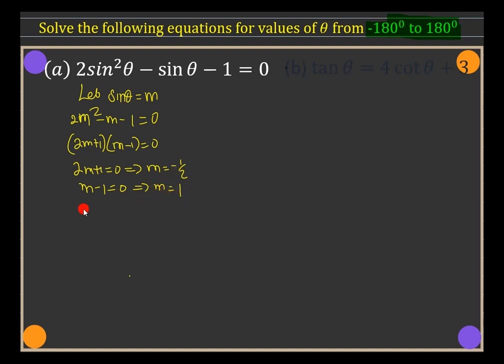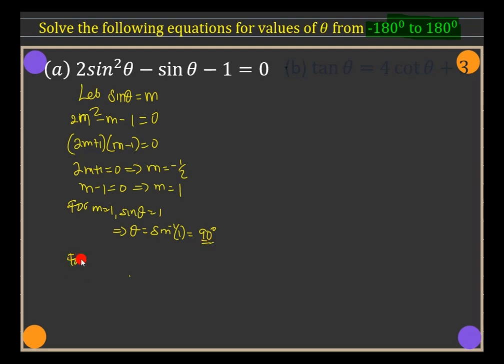And now, for m equal to 1, we have that sine of theta equal to 1, implying that theta is equal to the inverse sine of 1, which is equal to 90 degrees.